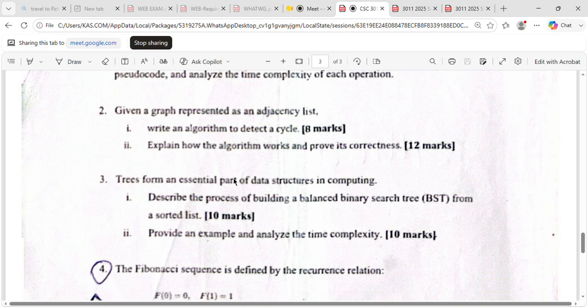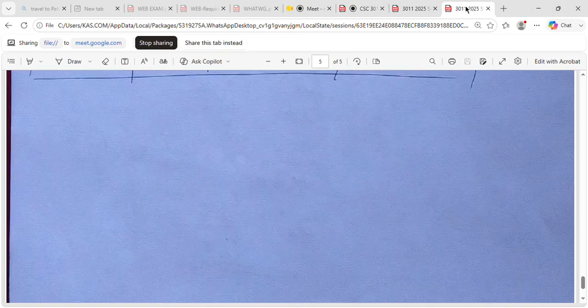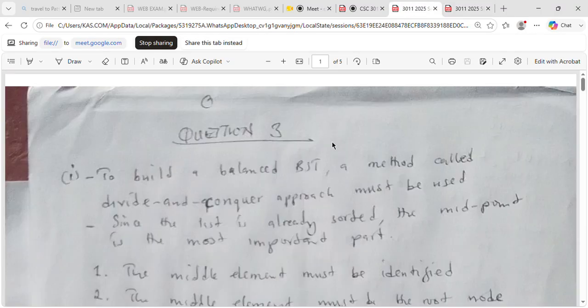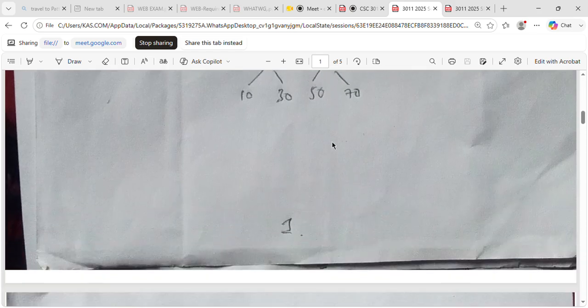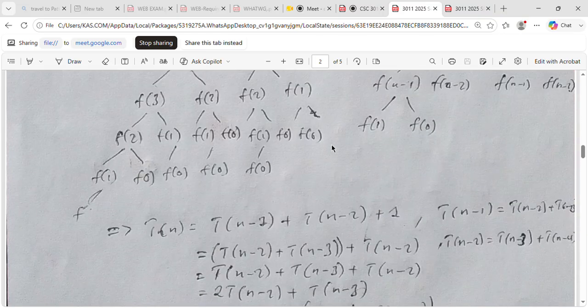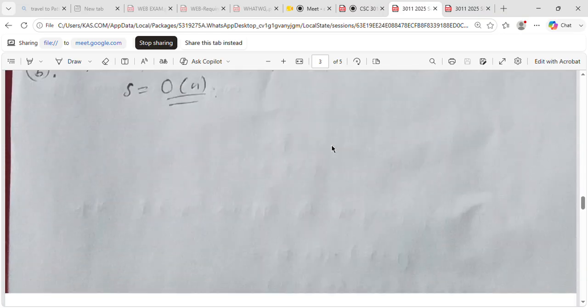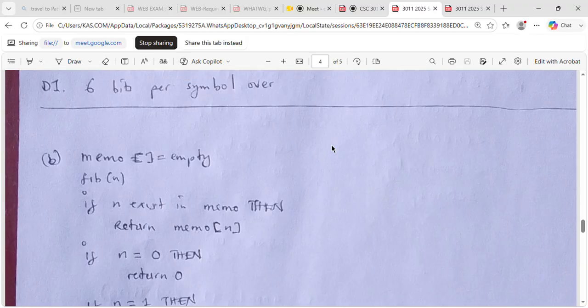Okay, section C. I think we limited ourselves to a few questions. Question 3, question 4. Okay, so we answered question 3 and 4.